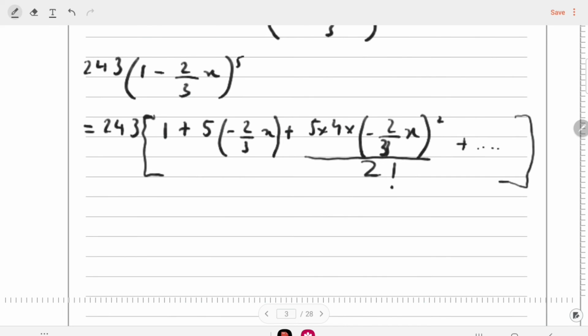So we close the bracket here and then we write 243.